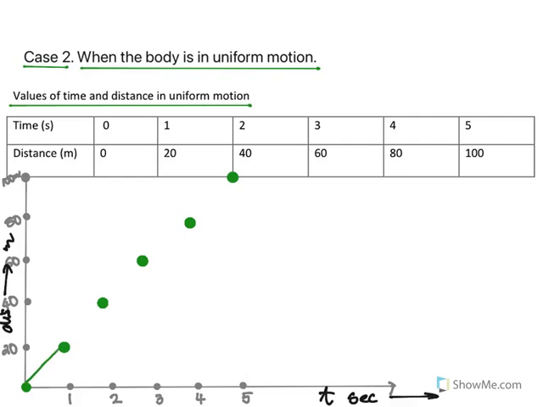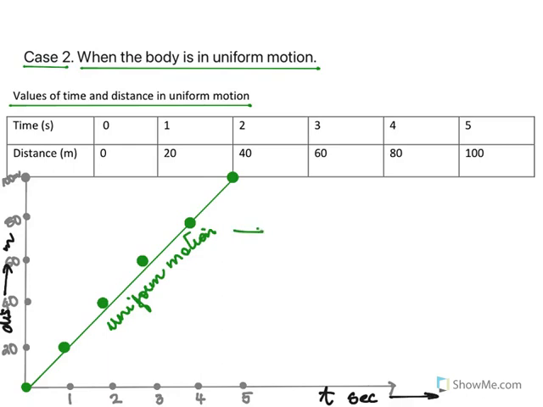We'll now join the points. So here we get a straight line. This is a straight line. So here is the graph of uniform motion.